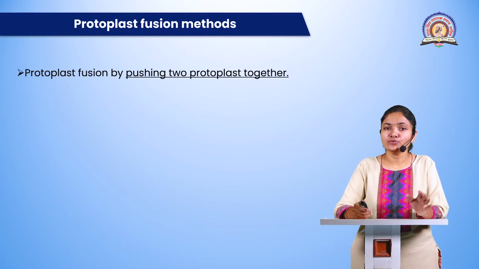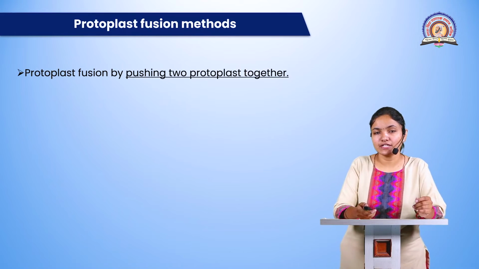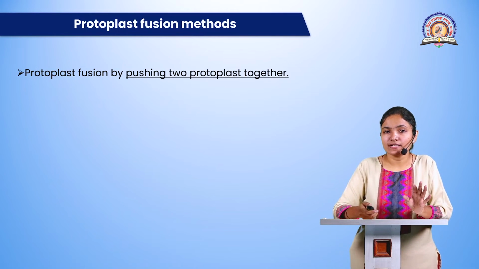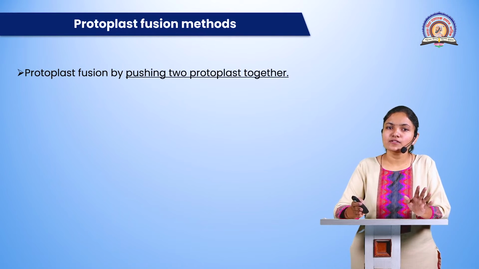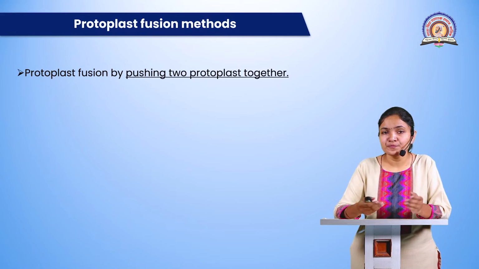Let me tell you, fusion inducing agents are also called fusogens. So, as it is a spontaneous method, we just allow two protoplasts to be pushed together so that they will fuse with each other.